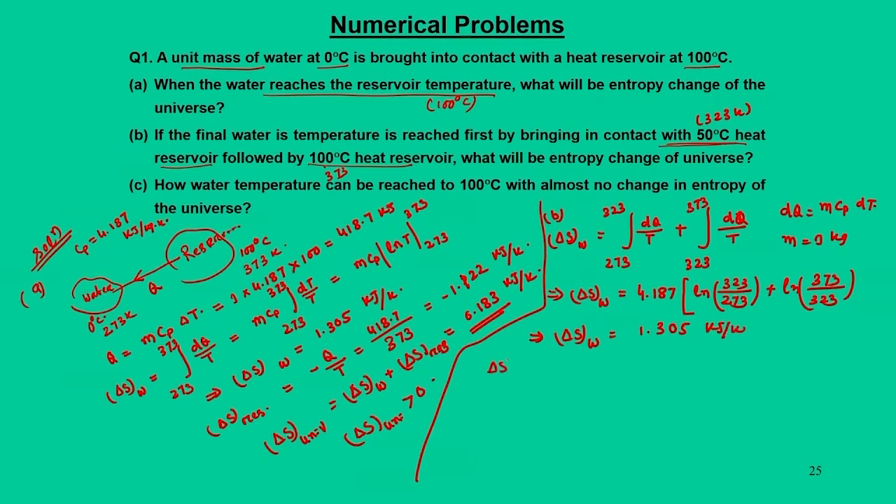but delta S R1, that is reservoir 1, is minus Q by T1, and this is nothing but minus 4.187, Q is Cp times (323 minus 273), divided by T1, the absolute temperature, which is 323, and that number is minus 0.647 kilojoule per Kelvin.